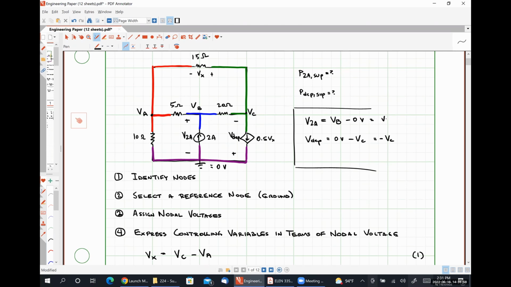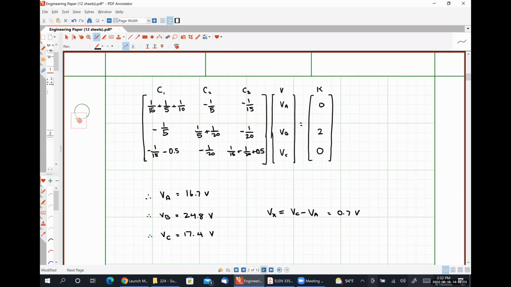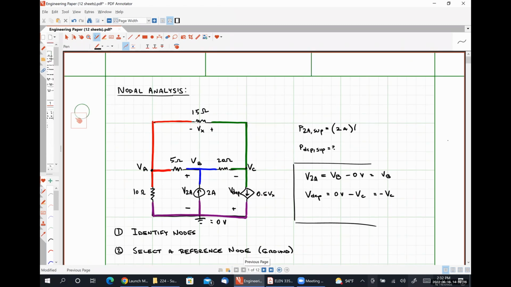And from here, we could determine our powers simply by saying the current 2 amps times our voltage VB. Let's look down at what that was. 24.8 volts. The power supplied by our 2 amp source comes out to be 49.6 watts.